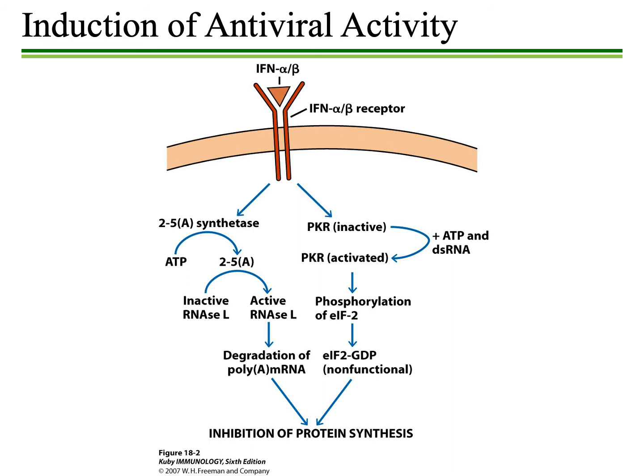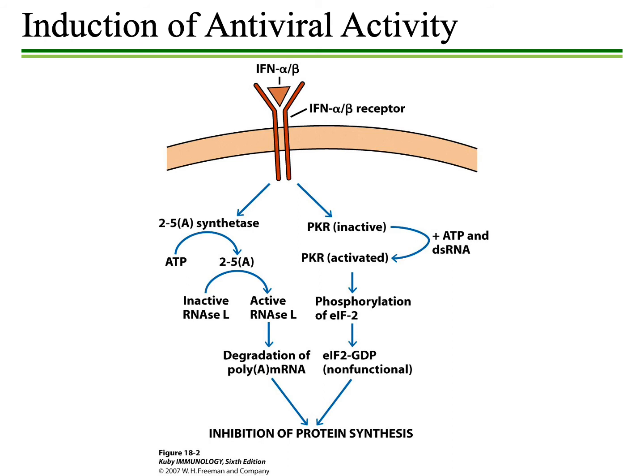On the right-hand side, you also see a signal transduction cascade. But what I want you to take away from the pathway on the right-hand side is that a specific protein, EIF2-GDP, is made non-functional. This is a protein that is required for protein synthesis to occur.